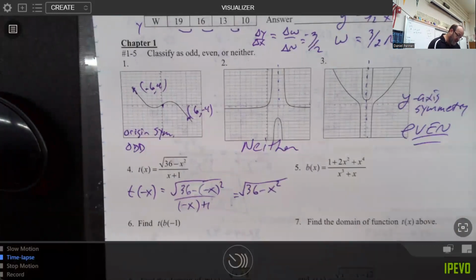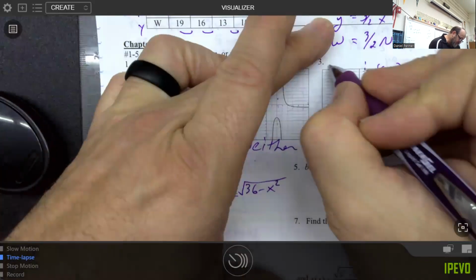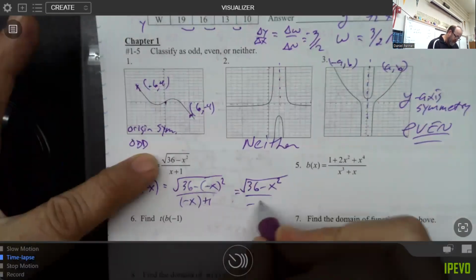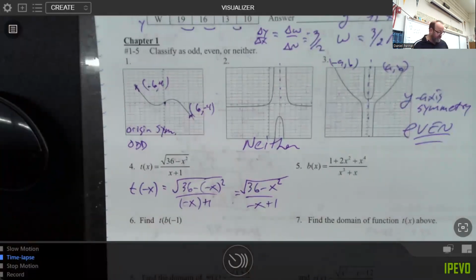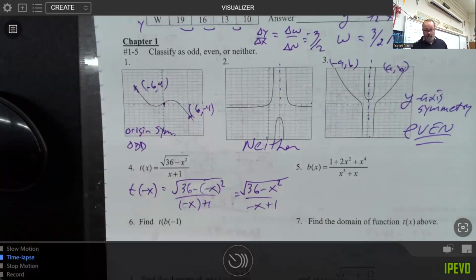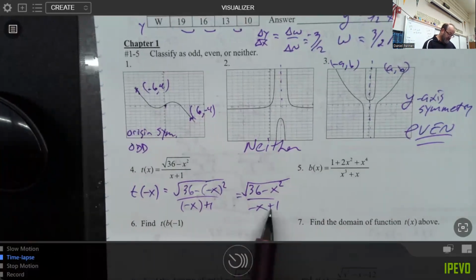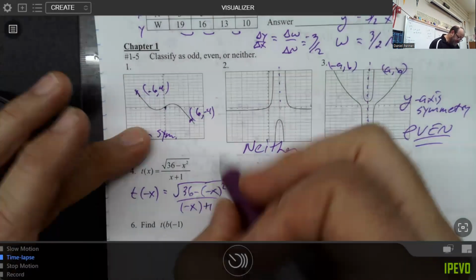Like over here, where a comma b means you also have -a comma b. That seems to have happened, but unfortunately the denominator didn't come back. It came to a totally different answer than the original, and it's not the opposite of the original either, because I can't factor a negative out, because then this would be a -1. So this is a neither.